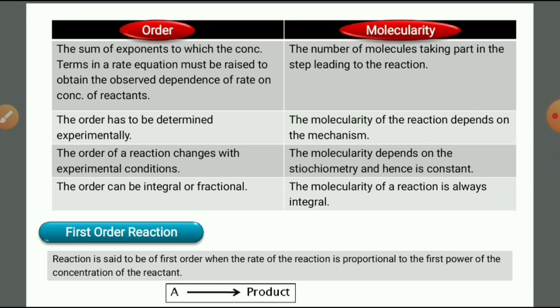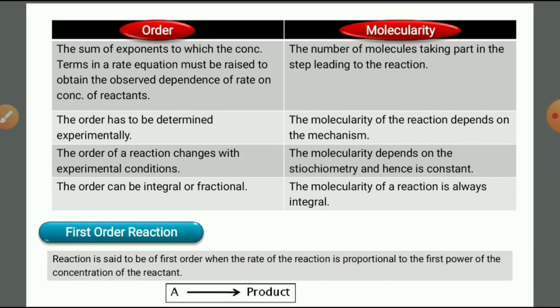The order has to be determined experimentally, so this is an important point. The order of reaction is always determined experimentally, while the molecularity of a reaction depends on the mechanism, because how many molecules are taking part in the reaction steps is what matters in the molecularity.